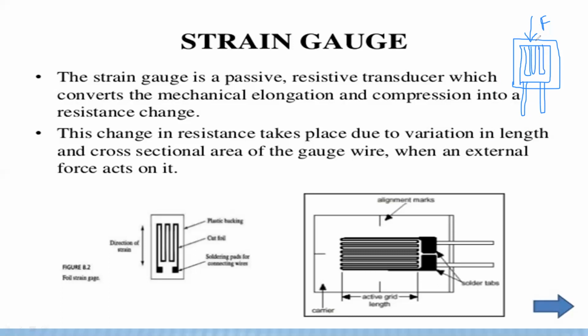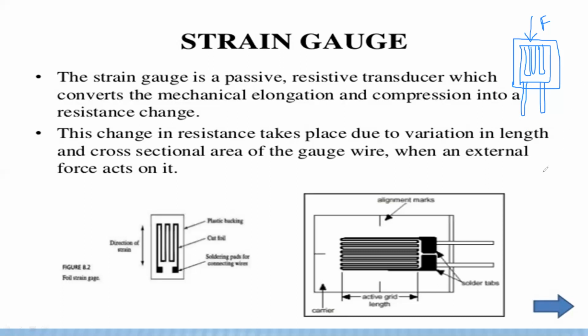Whenever we apply force on the strain gauge or any area, it should be compressed or stretched in tension, so different types of forces, tensile or compressive, are acting on that area.